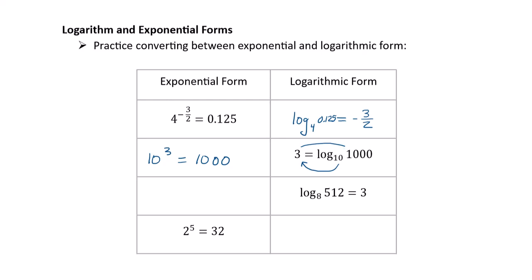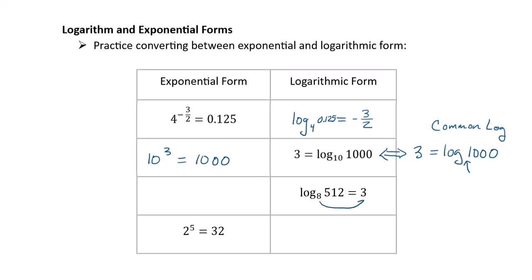Now, this is a good time for us to know this is equivalent to 3 equals log of 1,000. If there is no base written in there, it's automatically a base 10. So you can choose to write that in, or you can go ahead and leave it blank and it's automatically known as base 10. This is the common log.